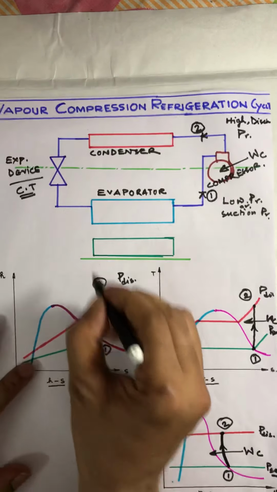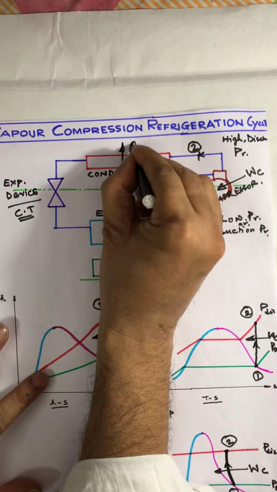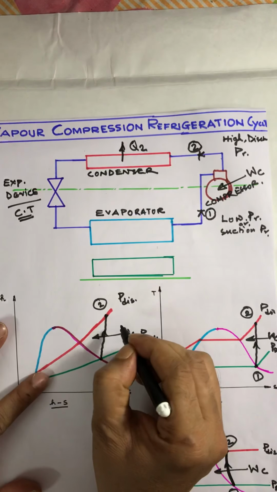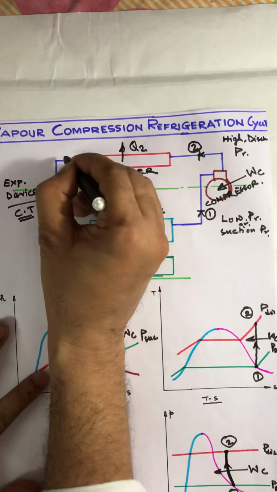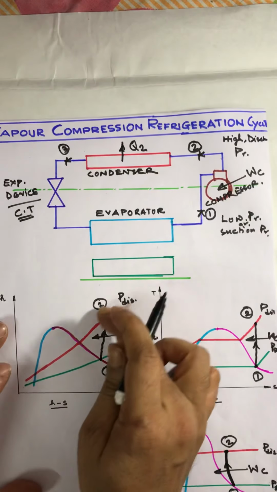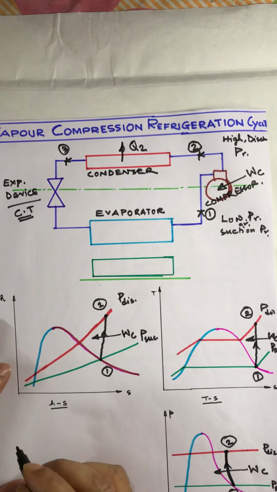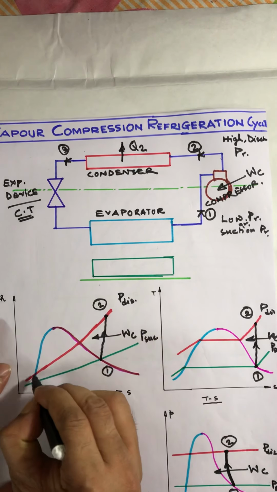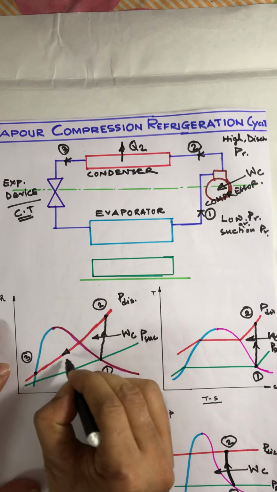That means Q2 amount of heat will be rejected from the condenser to the atmosphere, that is called the sink, and the 2 to 3 process is isobaric, constant pressure heat rejection. So, the 2 to 3 process is the heat rejection process.